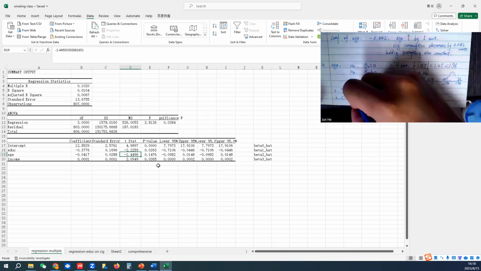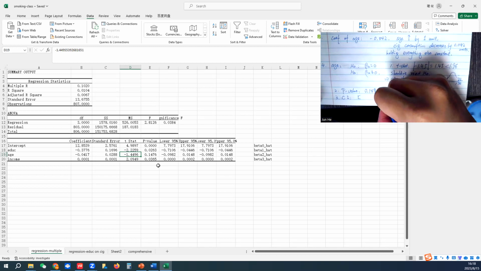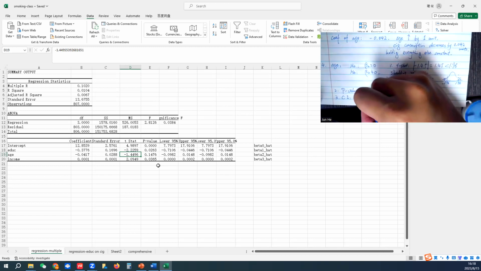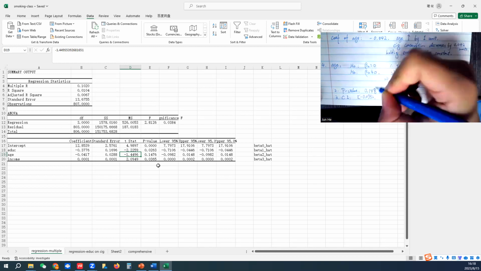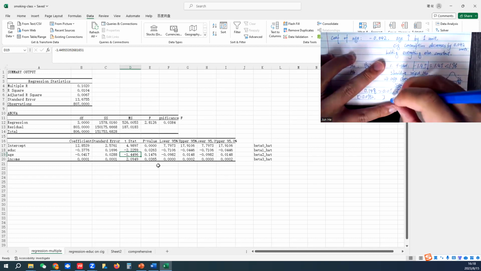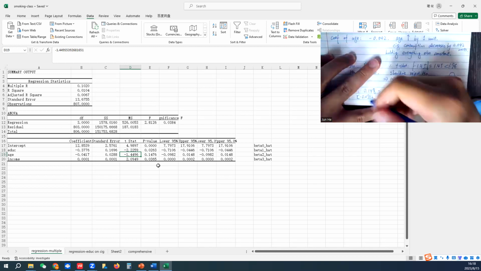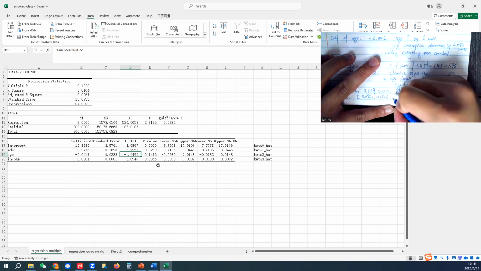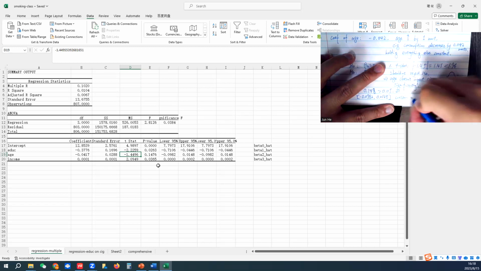The third one, confidence interval method. In this case, the 95% confidence interval is from minus 0.0982 to positive 0.0148, and this range contains 0.